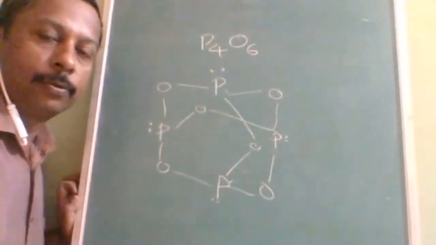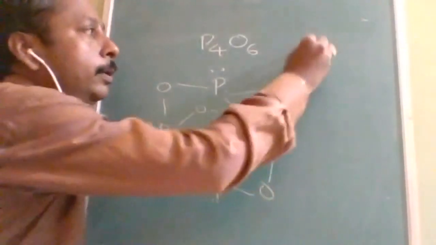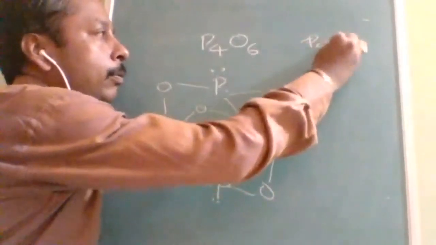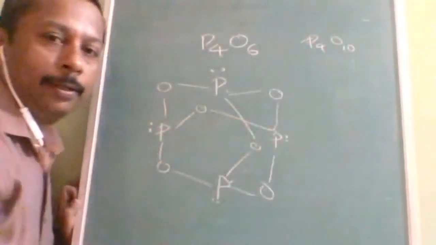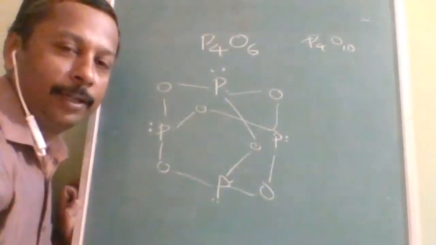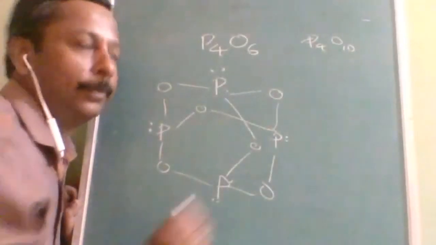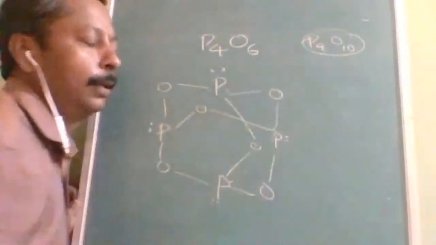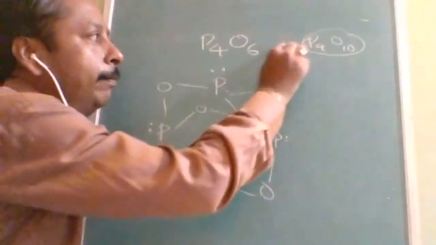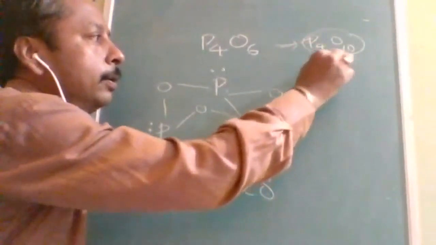This is P4O6. Now what is the next one? P4O10. I am keeping this as it is because I am going to use it now. Here, when I compare, I got 4 extra oxygens.